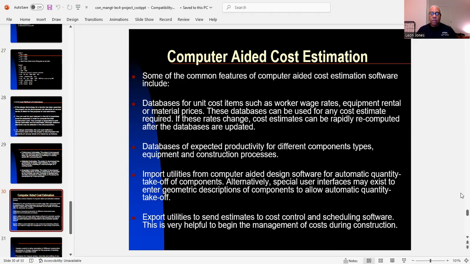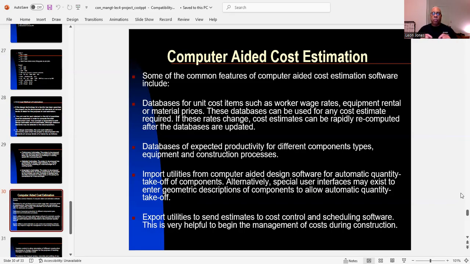Now, some of the common features of computer aided cost estimation software includes, again, we're not dealing with an estimate that we have to do by hand. If you really want to get into the estimation process, start off with a smaller project, but under computer aided cost estimation, everything is going to be inputted by utilizing a computer.